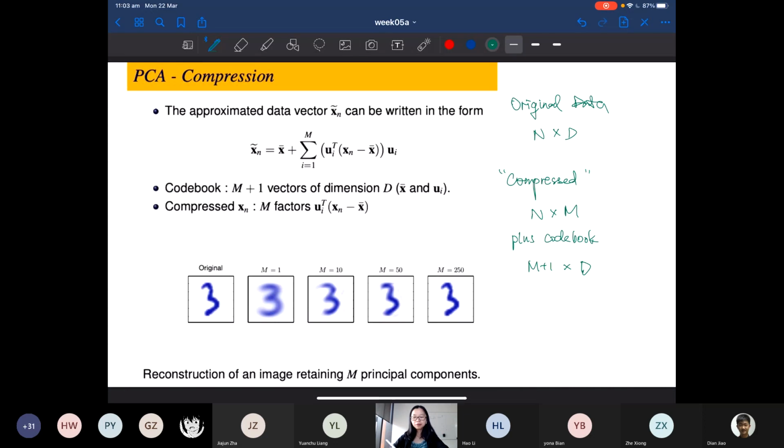As you can see, if m is a lot smaller than d, the total amount of numbers we need to store is a lot smaller.